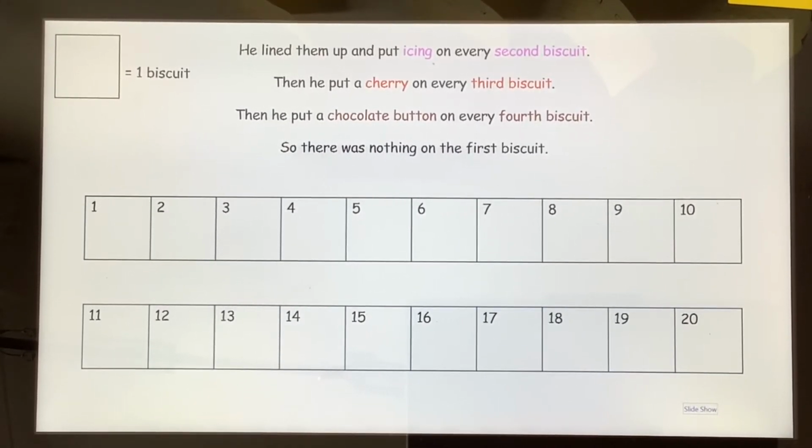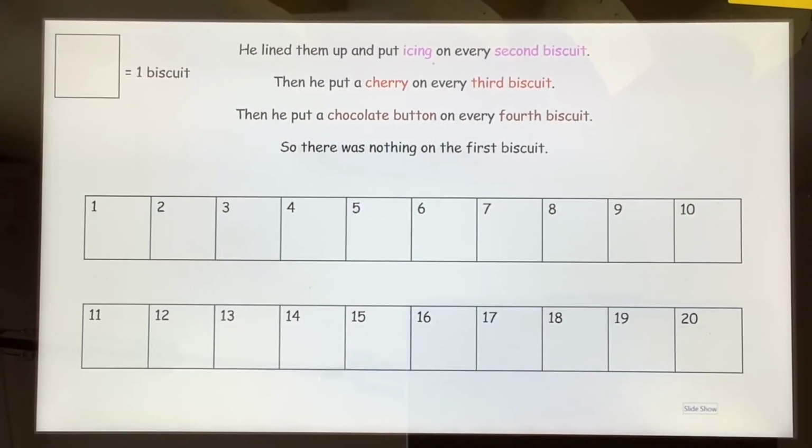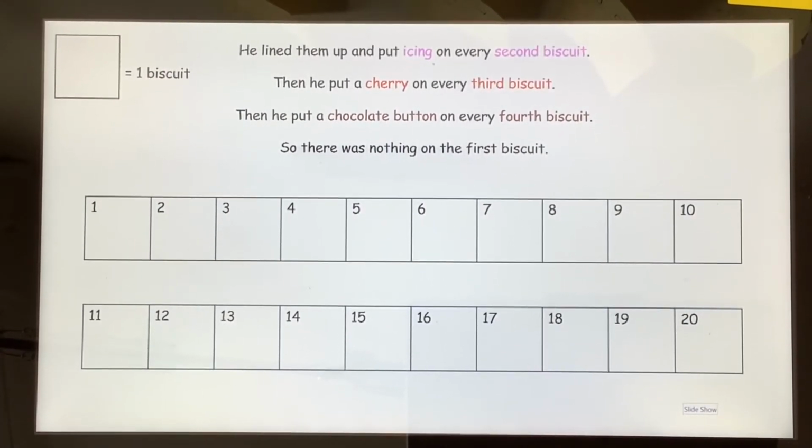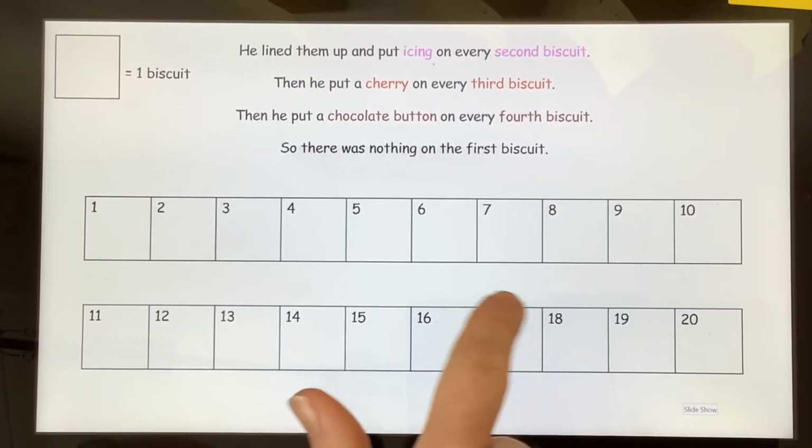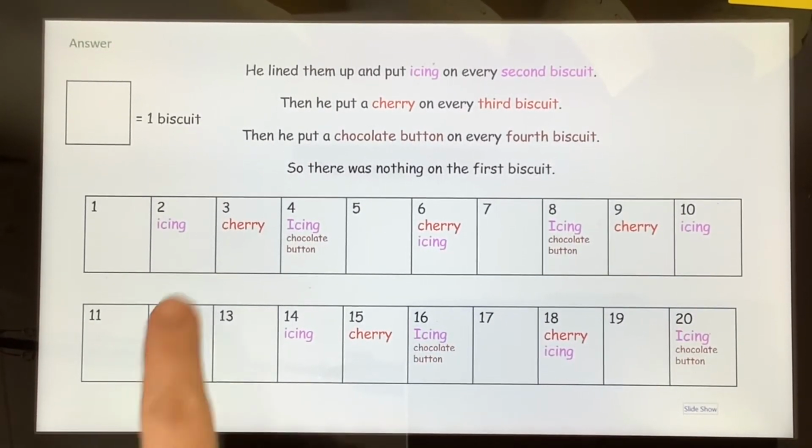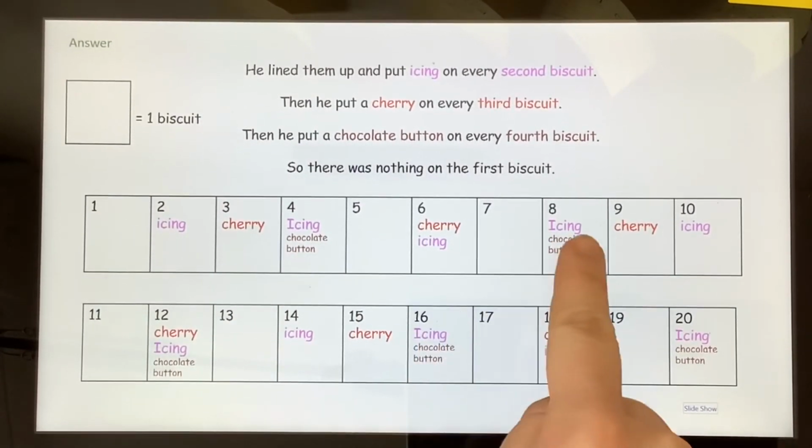Now that we've looked at both the icing and the cherry, think about how you can use that information for the chocolate button. Where would you put the chocolate buttons? So hopefully you've had a go at the chocolate buttons. Let's have a look at the answer. So again, we put icing on every multiple of 2.